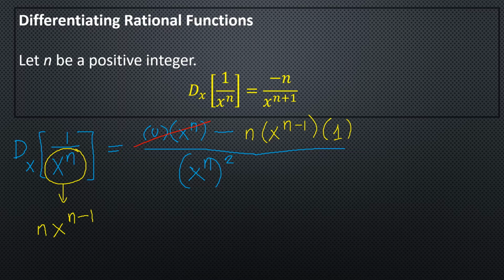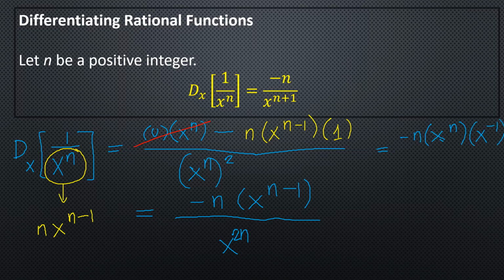So we copy. So we now have negative n times x raised to n minus 1 over x raised to n, or this will now be 2n. So 2 times n is 2n. We can expand this x raised to n minus 1, and it will now be written as negative n times x raised to n times x raised to negative 1 over x raised to 2n.